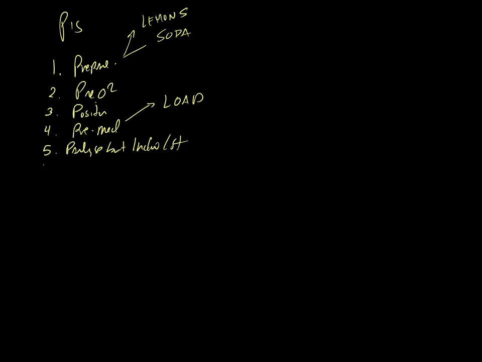And then what? Pass the tube and prove it's in where it needs to be. And then finally, post-intubation care. You guys go with that? All right, that's RSI in a real big nutshell there.